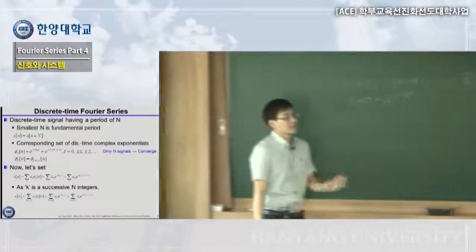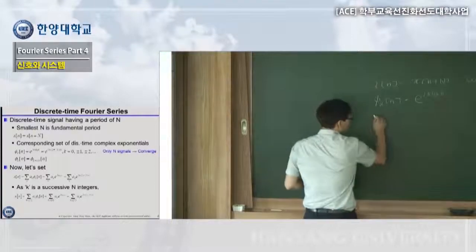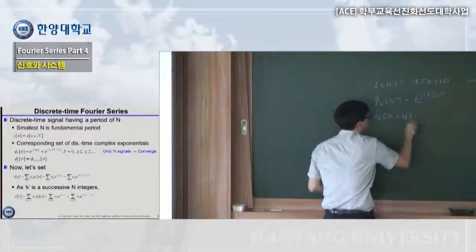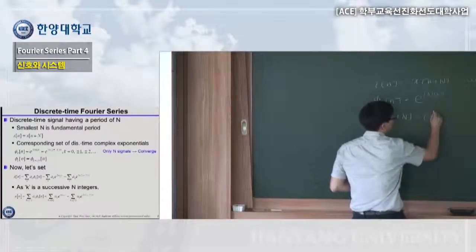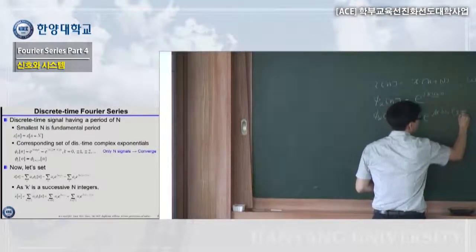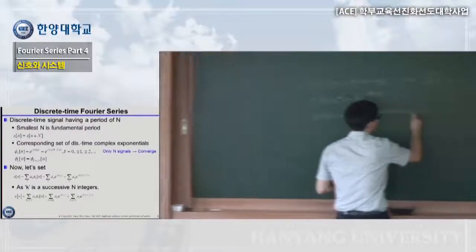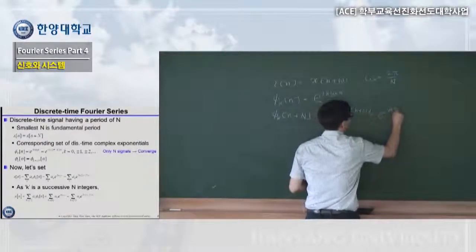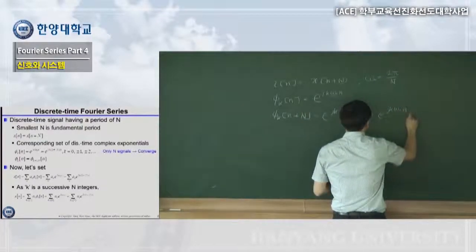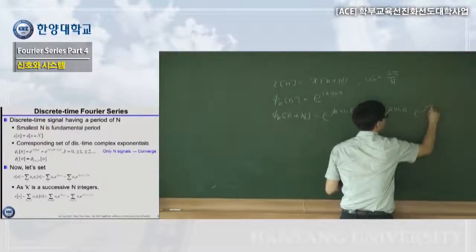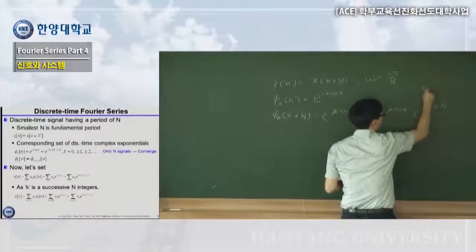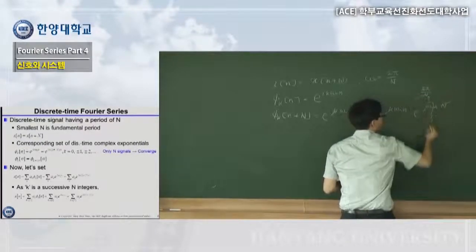One interesting thing here is, if you repeat by N period, then there will be e to the j k omega 0 (n plus N), meaning that e to the j k omega 0 n times e to the j k omega 0 large N. Remember that omega 0 is 2 pi divided by N. Therefore, these two cancel out.